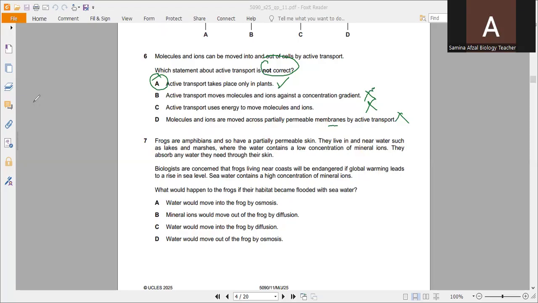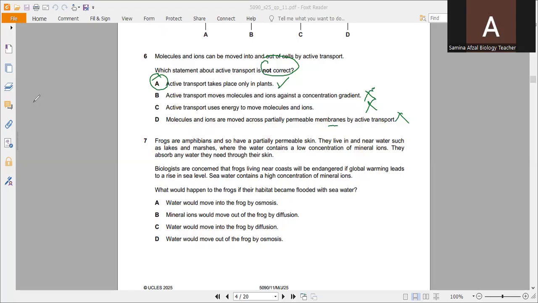They absorb any water they need through their skin.